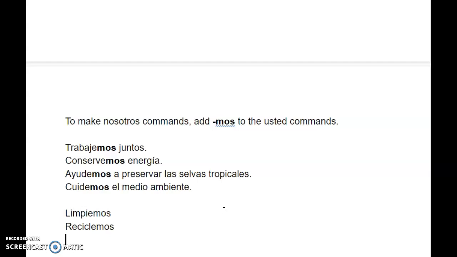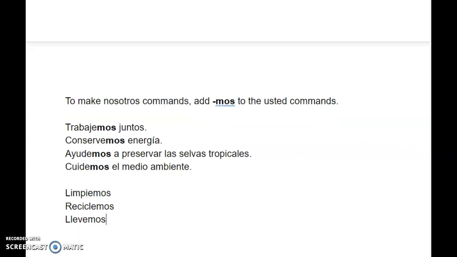Llevar el vidrio al centro de reciclaje. So to take glass to the recycling center. So you've got llevar. Since it's an AR, you're going to change that to an E and add the MOS, and then add the rest of the phrase. So let's take the glass to the recycling center. Let me scroll down here just a second.